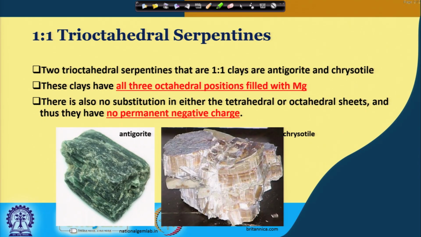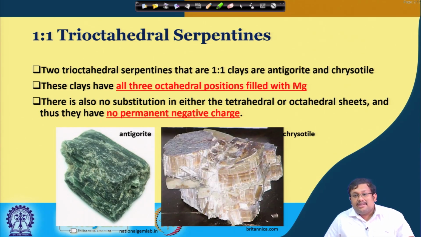Now, among the 1:1 trioctahedral serpentines, the most important are antigorite and chrysotile, and these clays have all 3 octahedral positions filled with magnesium.